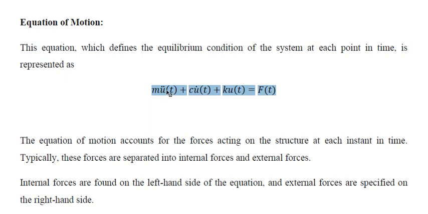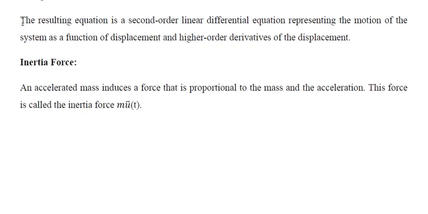It should be second order because it has the second derivative u double dot. That is what is said here. The resultant equation is a second order linear differential equation.